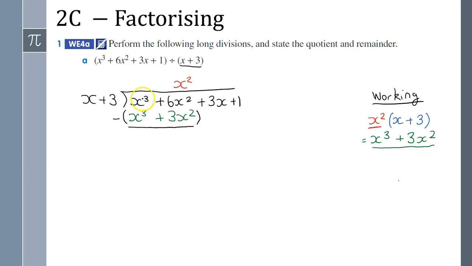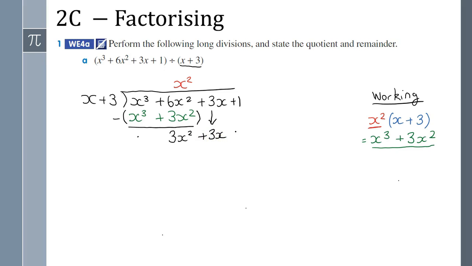So I'm going to go x cubed, take x cubed, it's nothing. Okay, 6x squared, take 3x squared is 3x squared. I'm then going to bring down the next term, which is plus 3x.